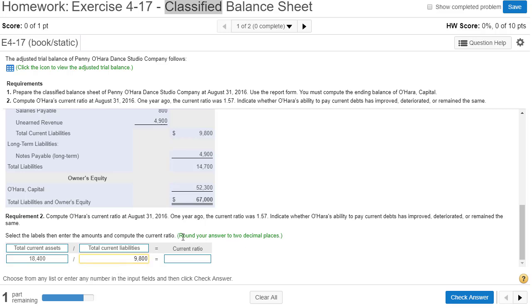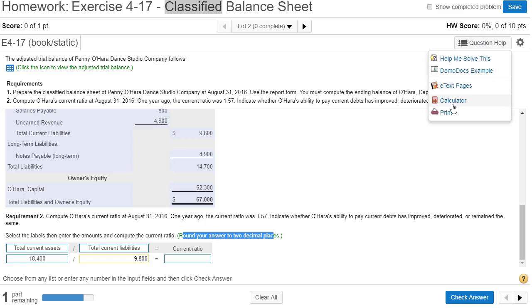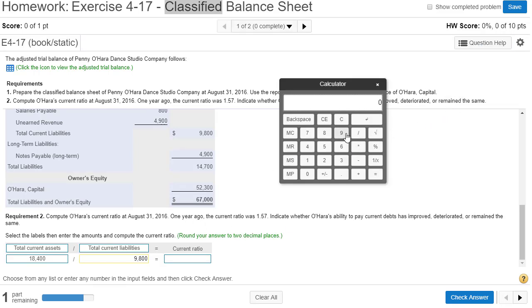And we're going to do the math and then round our answer to 2 decimal places. So 18,400 divided by 9,800 equals 1.88.